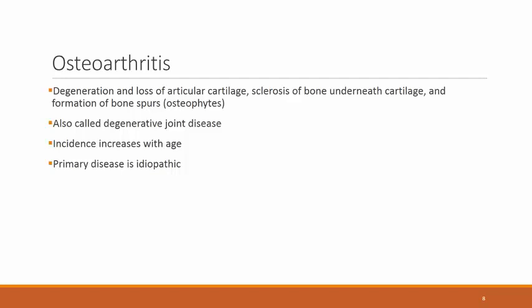When osteoarthritis happens, it's inflammation of the joint that may result in the loss of articular cartilage, and also formation of bone spurs.